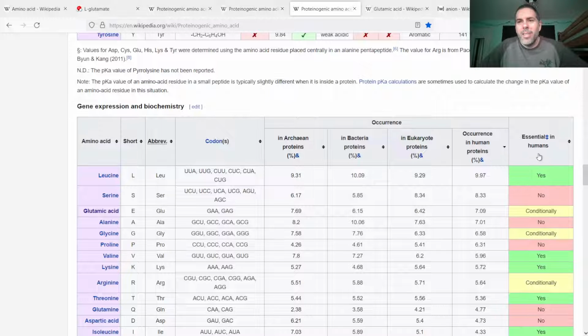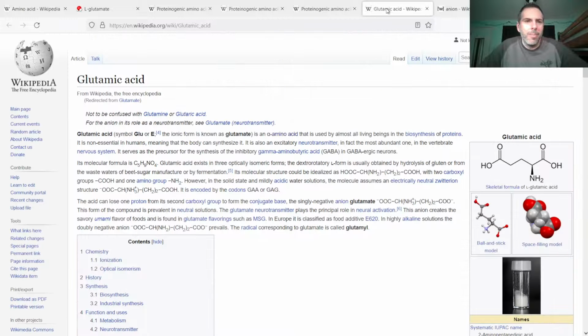Also, nice to see this list of which ones are essential and non-essential. Speaking of which, glutamic acid is non-essential, so there is a way for the human body to make it from something else.